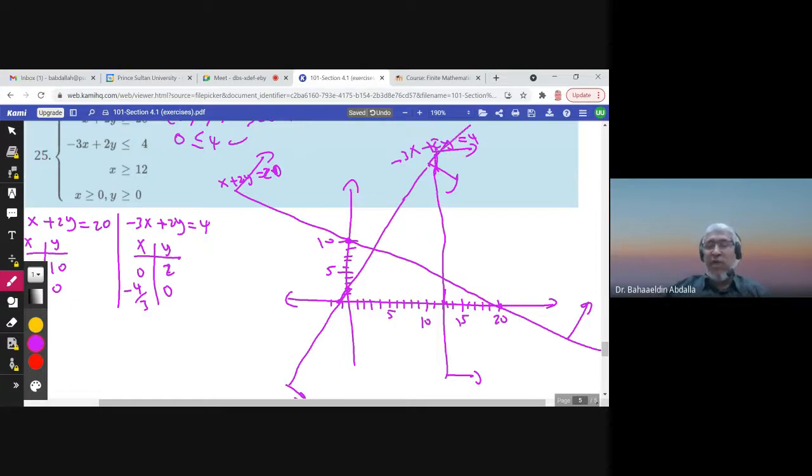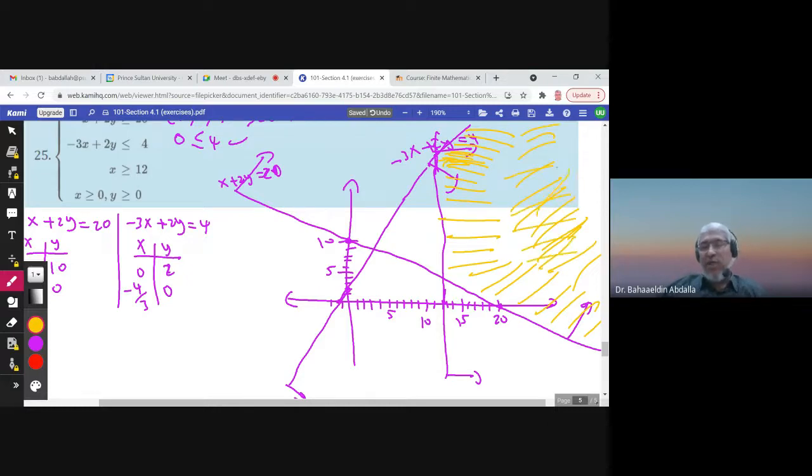Okay, this side. So the graph is in this region. This region, which is an open region, is the graph of this inequality. You don't need this arrow now, okay?